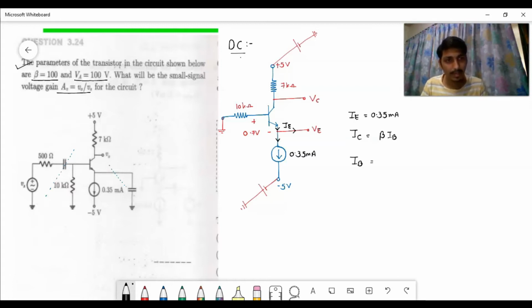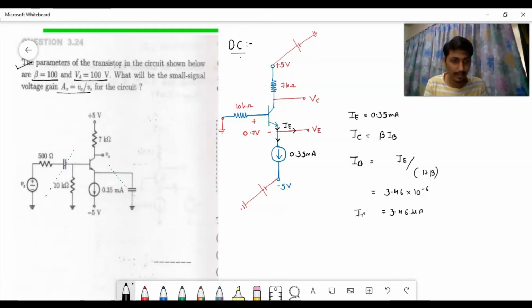IE equals 1 plus beta times IB, so IB will be nothing but IE by 1 plus beta. If we solve this, 0.35 divided by 101, that is 3.46 into 10 raised to minus 6, which is nothing but 3.46 microampere.